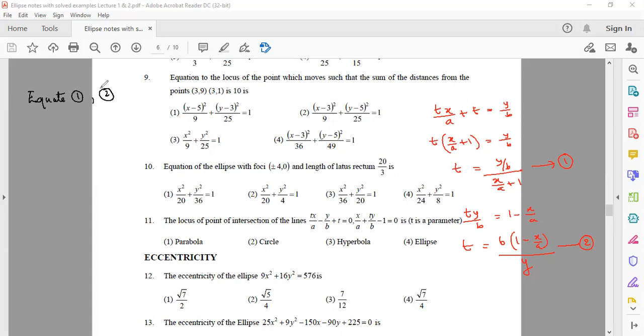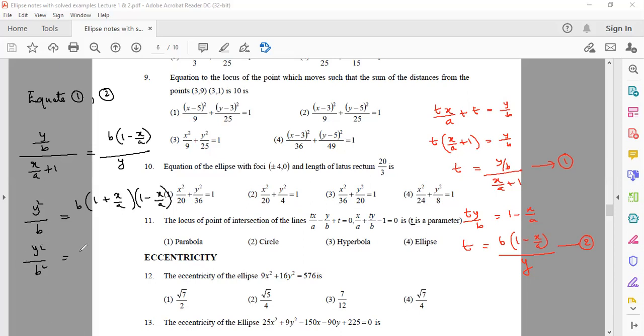Why I'm doing this is to eliminate that parameter t. If you eliminate the parameter, you will get the equation of the curve. So y upon b divided by x upon a plus 1 is equal to b into (1 minus x upon a) upon y. Cross multiply: y square upon b square is (1 plus x by a) into (1 minus x by a), so y square upon b square is 1 minus x square upon a square.